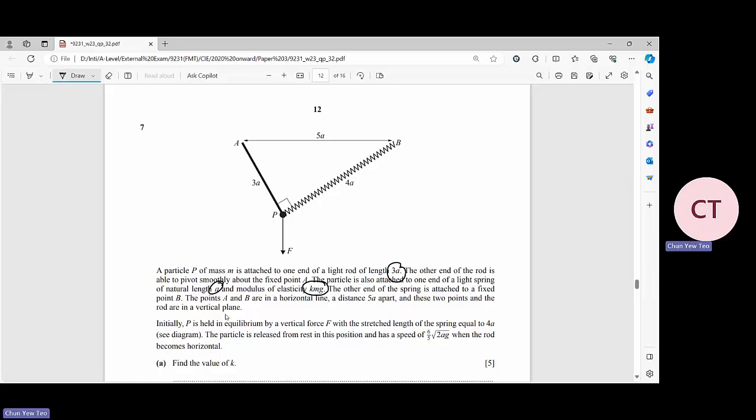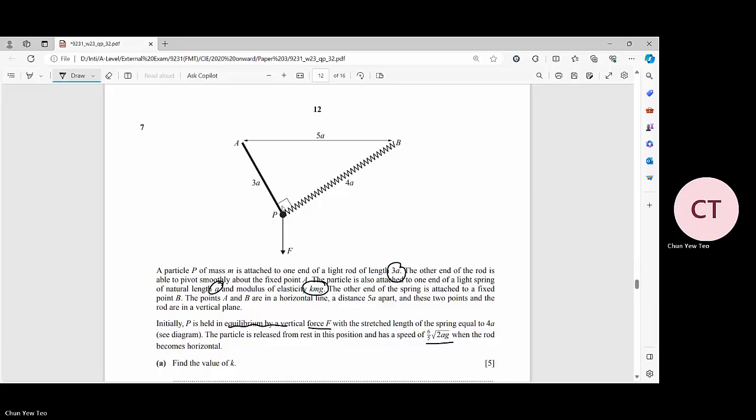And these 2 points and the rod are in the vertical plane. Initially, P is held in equilibrium by the vertical force F with the stretch length of the spring equal to 4A. See diagram. The particle is released from rest, and in this position, it has a speed of 6/5 square root 2ag.